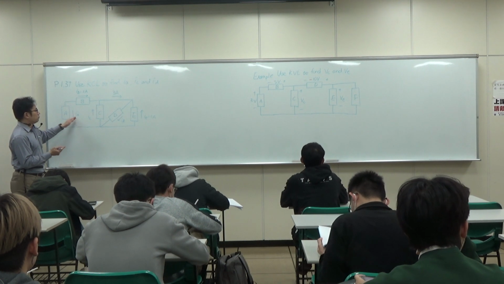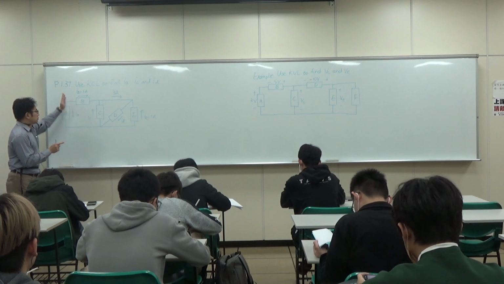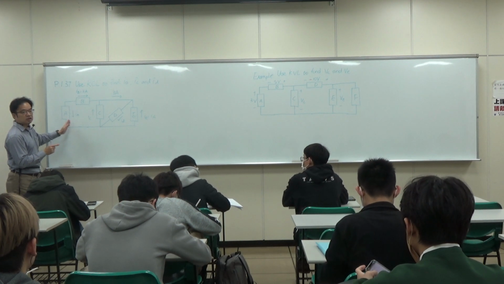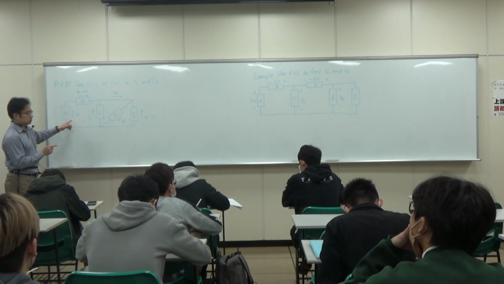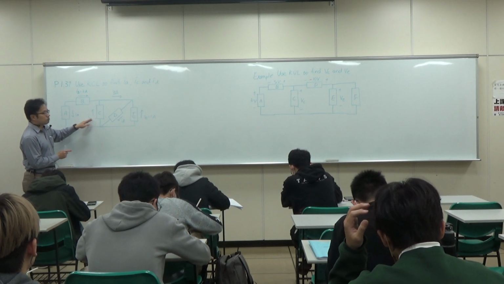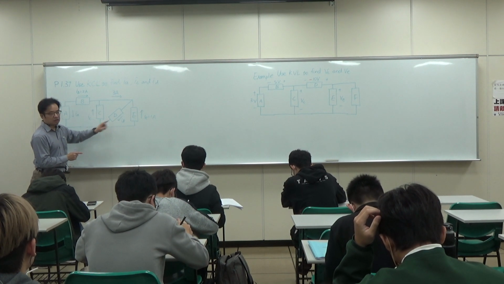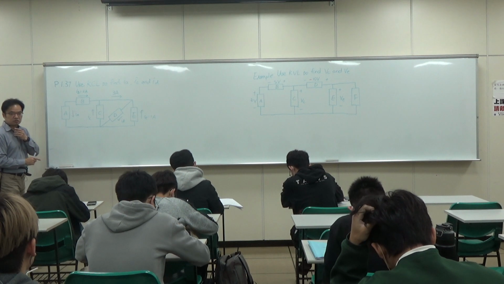Okay? And if you calculate IA is a negative value, then it means its current flowing through A is from bottom to top. Okay? And also the same thing, the problem gives you the direction of IC, and also the direction of ID.